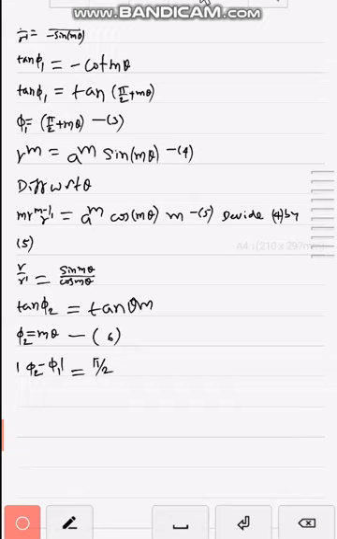And one more point: here you may note that tan phi 1 is minus cot m theta and tan phi 2 is tan m theta. So if tan phi 1 into tan phi 2 is equal to minus 1, then both the curves r is equal to f1 theta and r is equal to f2 theta intersect orthogonally.